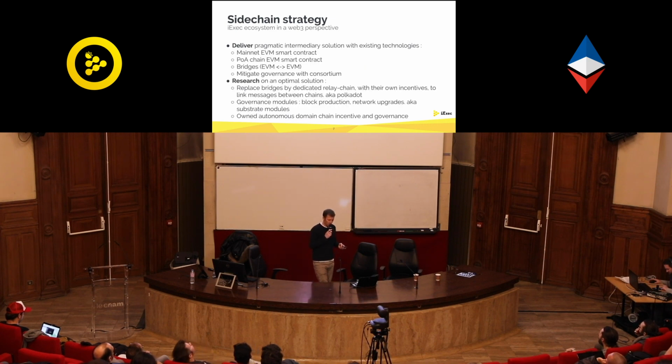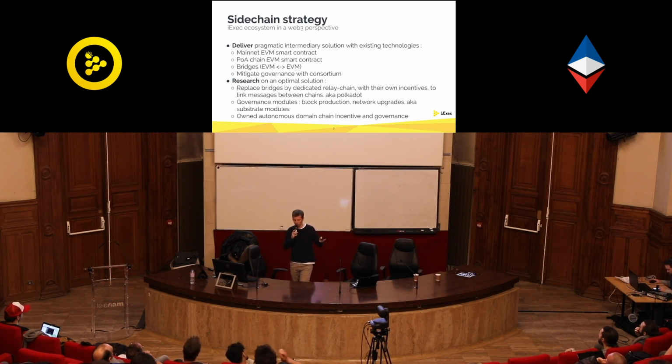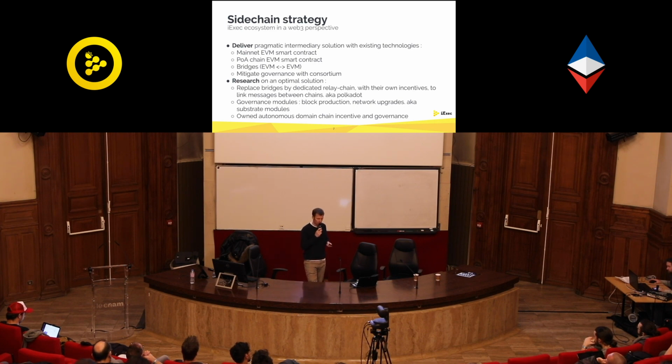We deploy our smart contracts for our marketplace and proof of contribution on mainnet, but we also plan to allow others to deploy those smart contracts on their own chain. And this is what, for the next release in May, we plan to propose for consortiums to deploy this kind of smart contract on their chain.